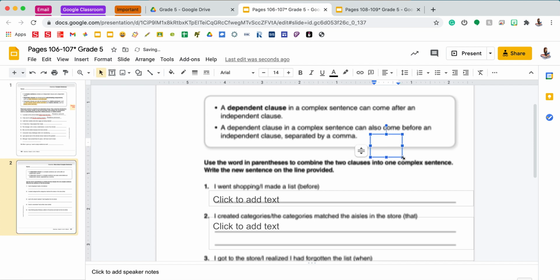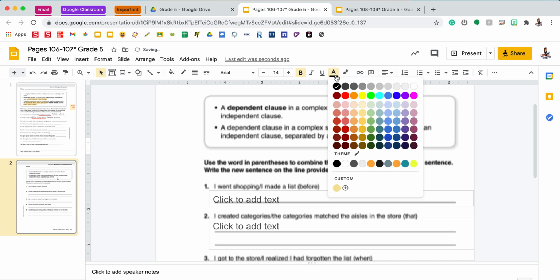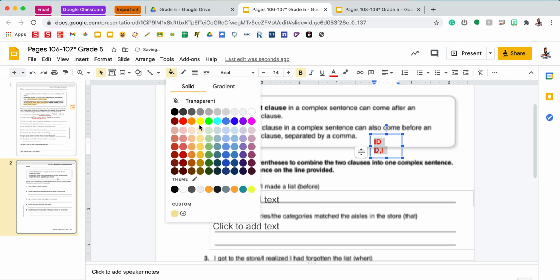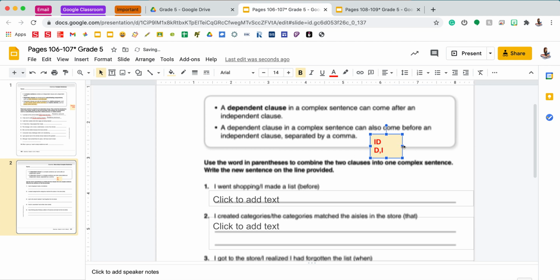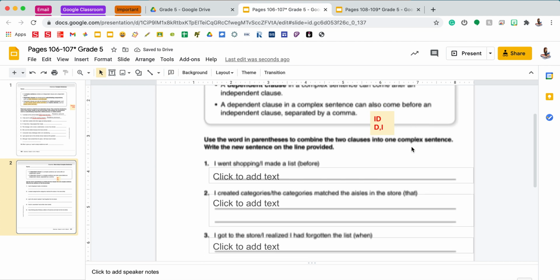So I'm going to put a little reminder. If you have an ID or independent then dependent clause sentence, no comma is needed. If you have a DI sentence, so you have your dependent clause first, then independent clause, you do need a comma. Let's do an example of each on this page.